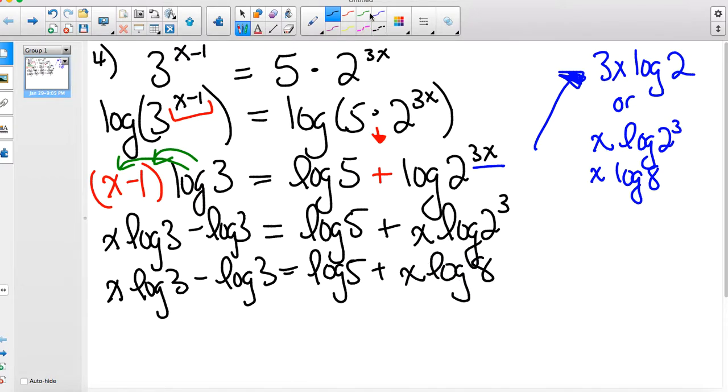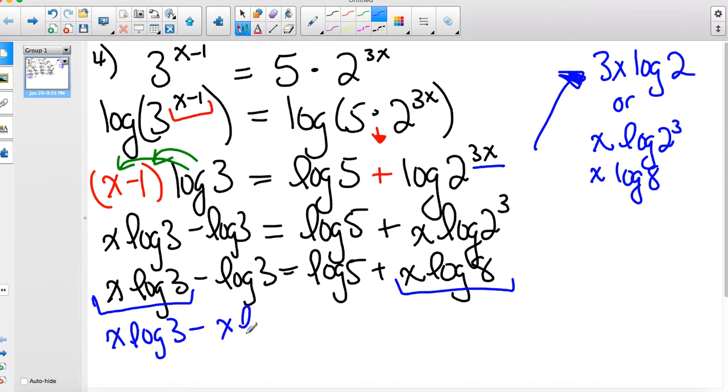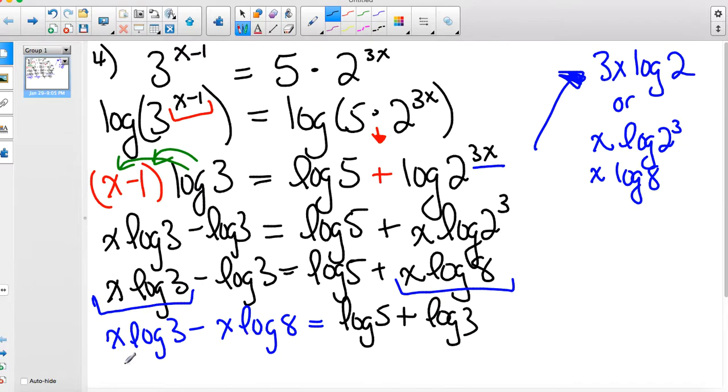Okay, at this point, I'm going to take all my x's and I'm going to put them on one side. I'm going to go with the left. So x log of 3 minus x log of 8 equals, and then I'll just put all my numbers to the other side. So log of 5 stays here and plus log of 3. Now I'm going to factor out the x.